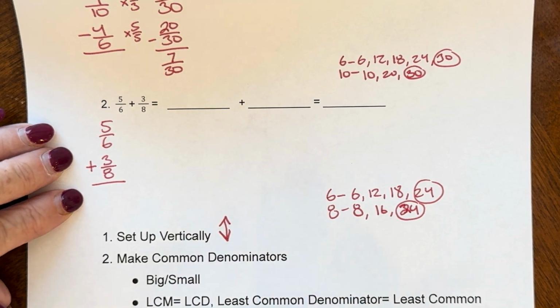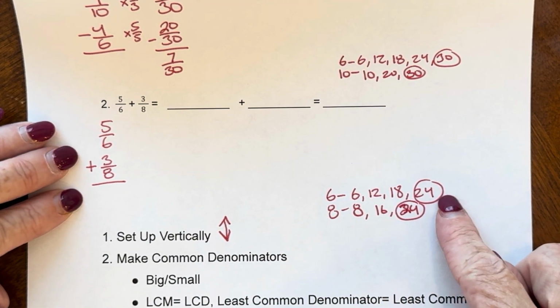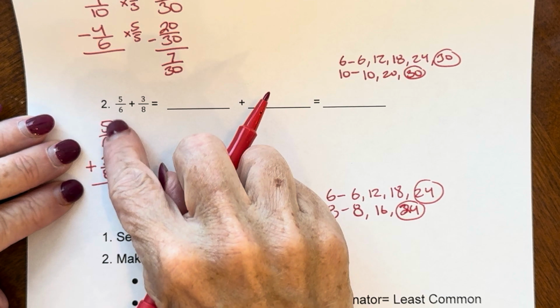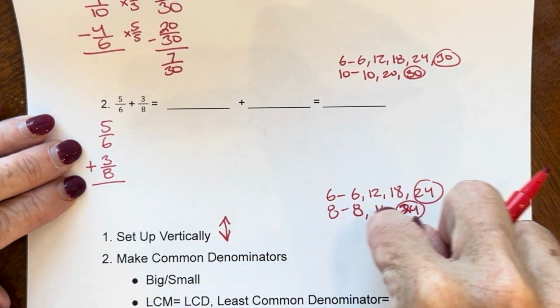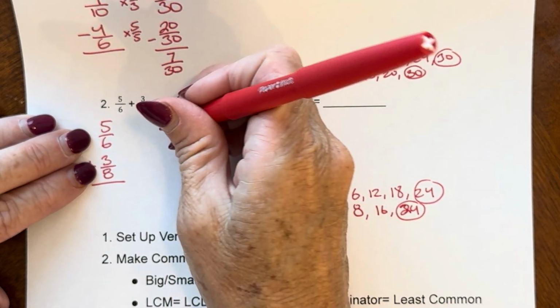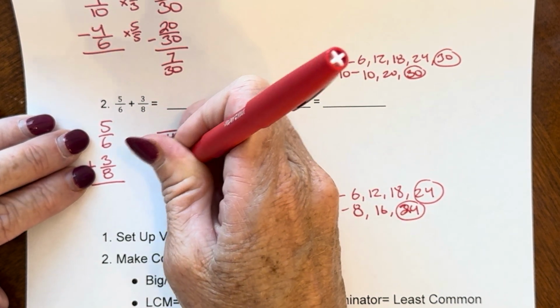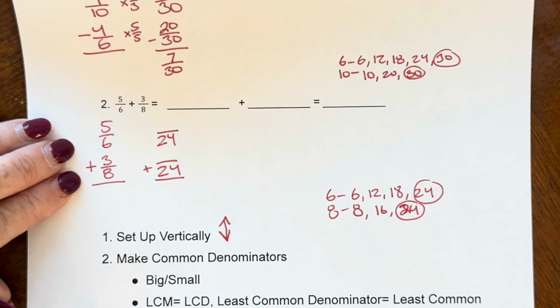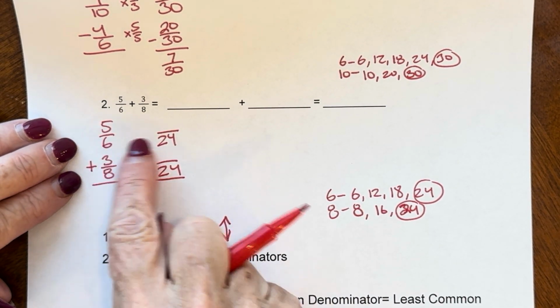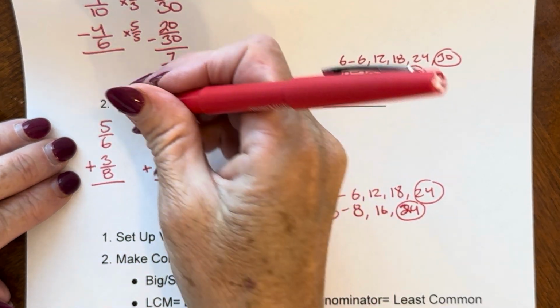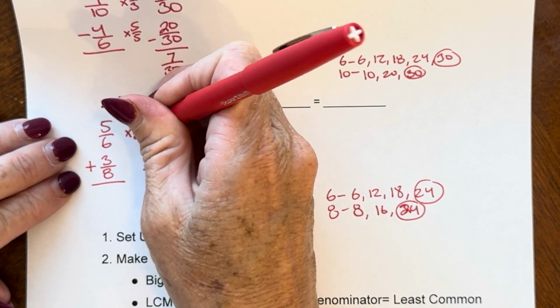And if you are at a point where you see that, friends, you can do that. So again, I did not multiply these because I would have ended up with 48. I want the smallest one to deal with. The smallest, the least common one. Okay, so how did 6 turn into 24? What did I need to multiply it by? By 4.